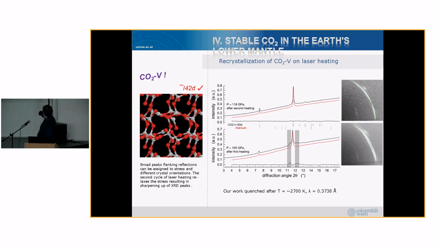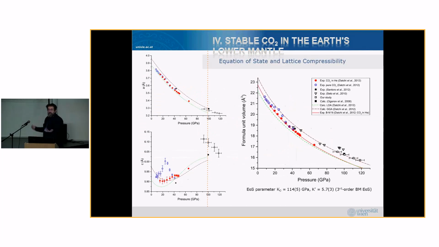So we were seeing the CO2 coming up again, although it was said it should not exist. And we could even measure compressibilities, the equation of state. I won't go too much into details. You see our data points were fitting perfectly with the CO2-V that was known at much lower pressures, because we were at really high pressures in this case.